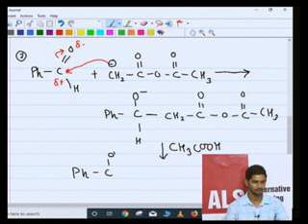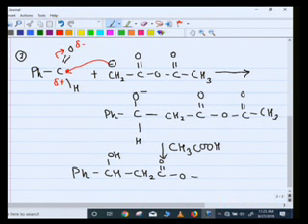PhCH(OH)CH2COOCOCH3. So guys, this is step number 2. I hope everybody has cleared this step. Any doubt for step number 2? Guys, note it down. Step number 2. And quickly tell me that you have noted it.